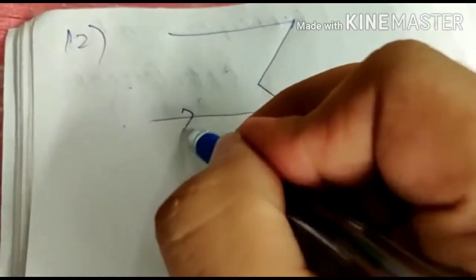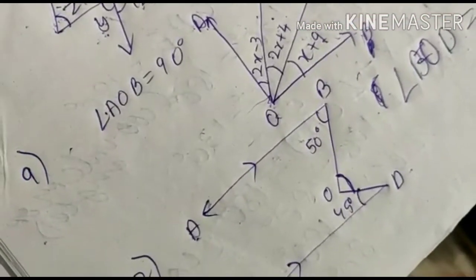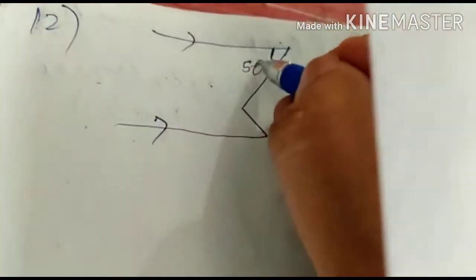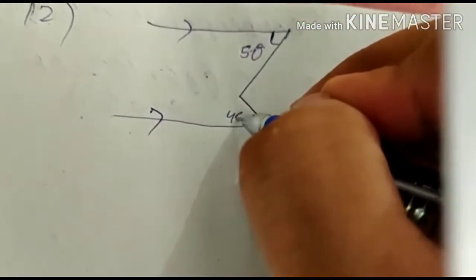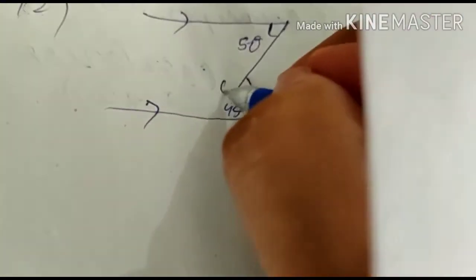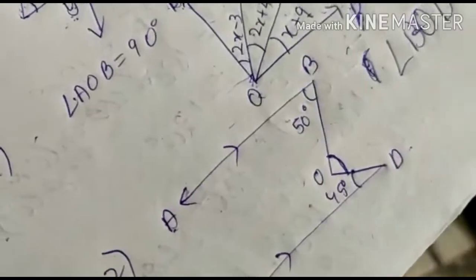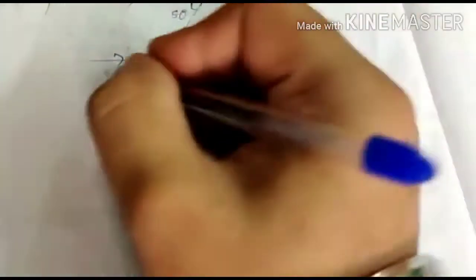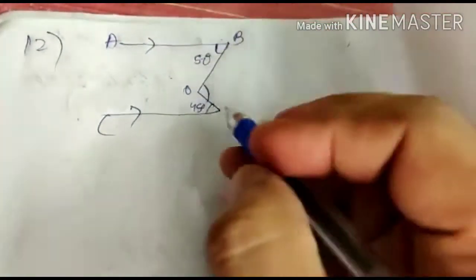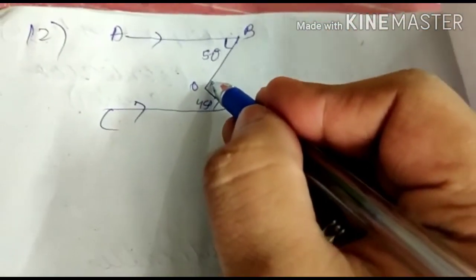Here these 2 lines are parallel to each other, and the angles are 50 degrees and 45 degrees, and you need to find this. This is O. This is AB, this is CD. You need to find this angle.